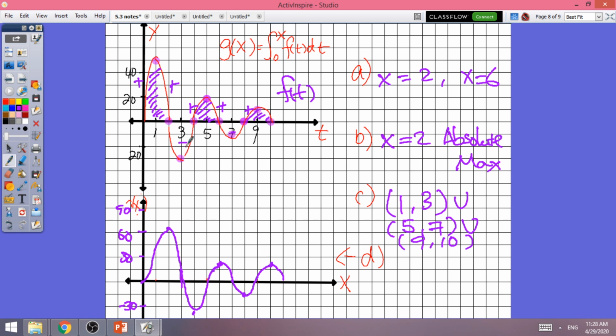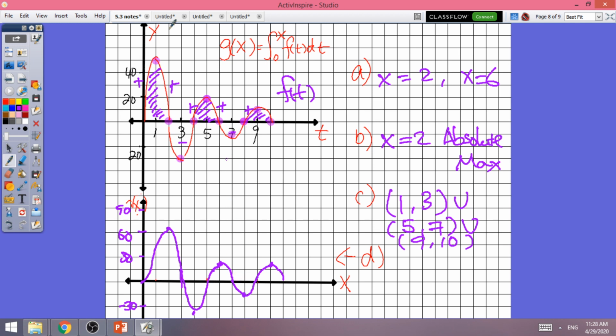But also don't forget about the local min. If you see the sign change from negative to positive for the first derivative, then you'll find the local min. So the first local min is right here at 4. Okay, and here's another local min. Change of sign from negative to positive. So that's right here at 8.